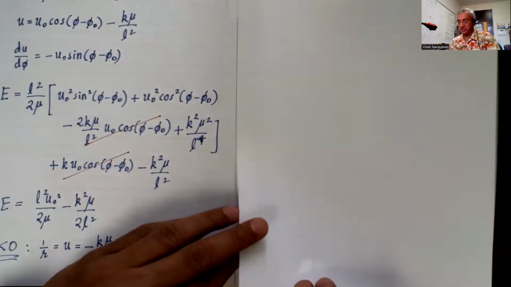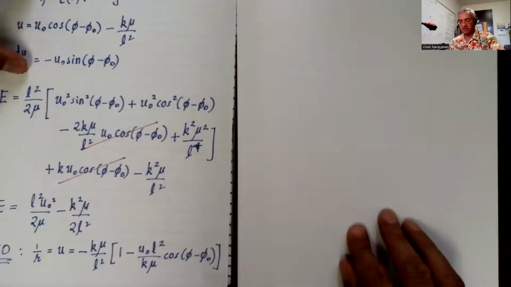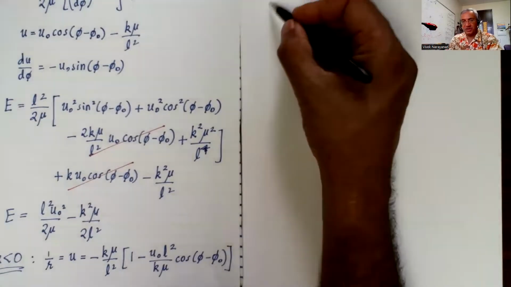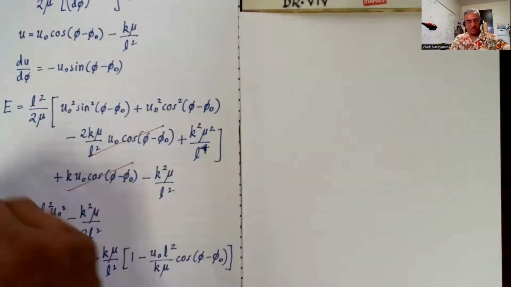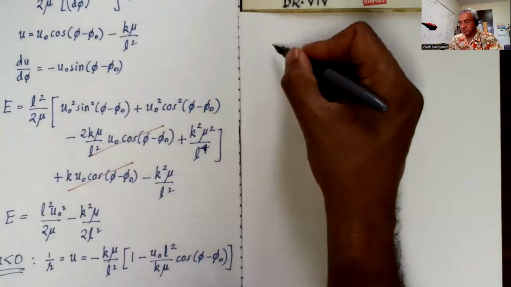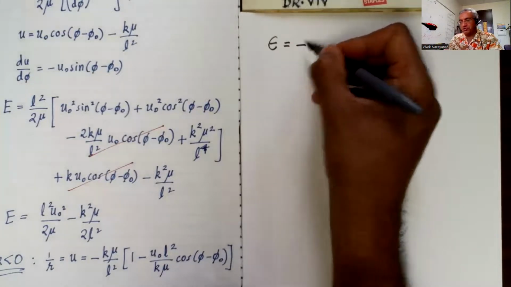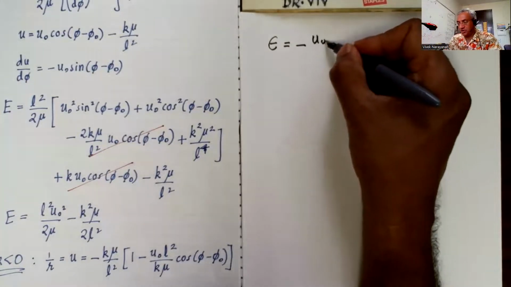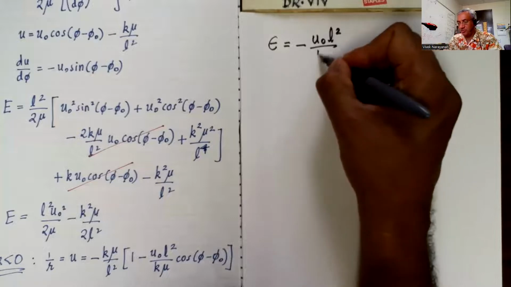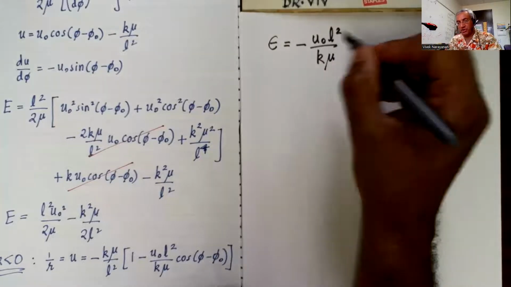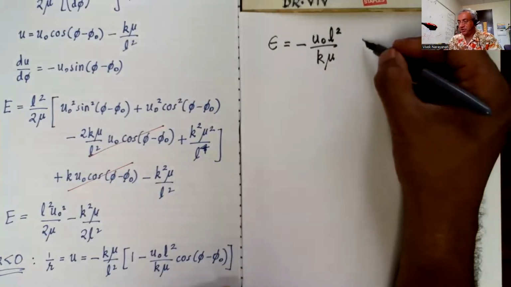Newton defined the following quantity known as the eccentricity. He called it epsilon, which is negative u naught L squared over k mu. Remember that k is negative, so epsilon will actually be positive.